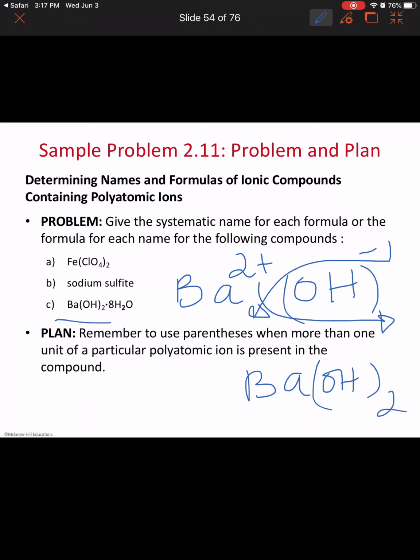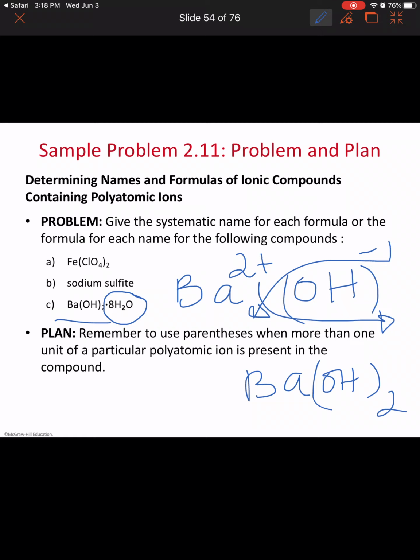Now barium is a main group element, and because of that you don't have to write the charge in parentheses in the name. So you can just write barium hydroxide. And then when you have 8 water molecules like that, normally we represent water as hydrate and then you say the number of water molecules.